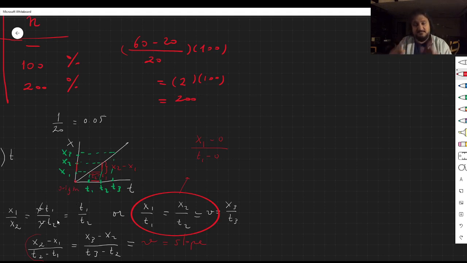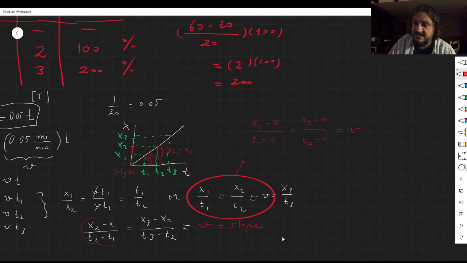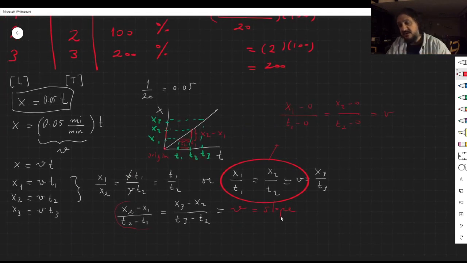For this particular data set, the origin is right there. So x1 minus 0 over t1 minus 0 is the same as x2 minus 0 over t2 minus 0, and that is equal to v. So it's pretty general, right? The slope, which corresponds to your speed in this case, doesn't change along the straight line, by the very definition of a straight line.